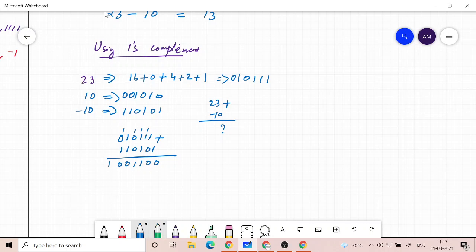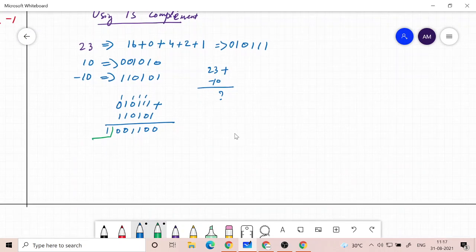There is a carry coming. Same thing, you have to take that carry and add it to the result, just like we did for 9's complement, same concept. So you take that one and add it, and that gives you 1 0 1 1 0 0.